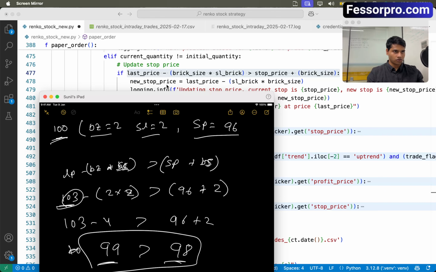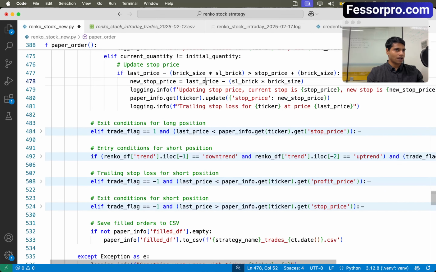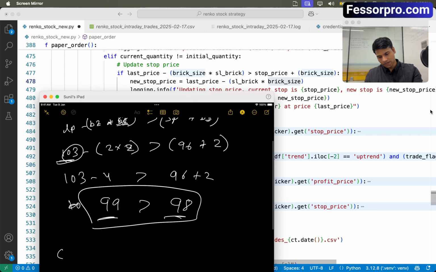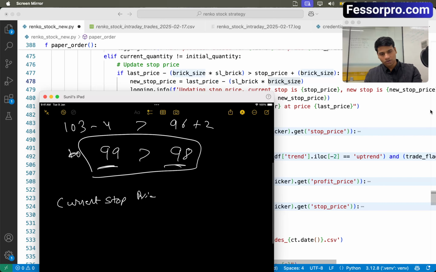My new stop loss is equal to last price minus SL brick into brick size. So last price is 103, minus SL brick, which is 2, into brick size, which is again 2.